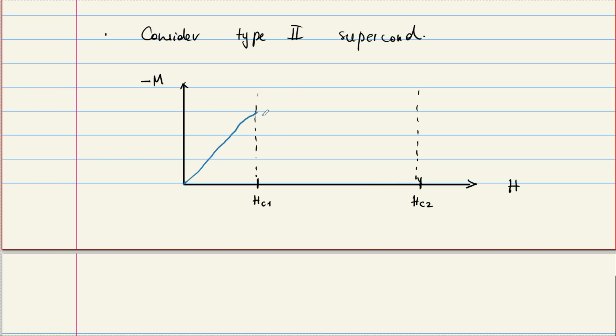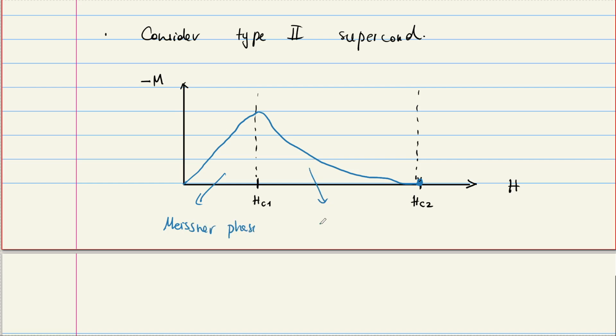But after that, magnetic field expulsion is a little bit more inefficient, and magnetic field leaks inside the superconductor, and at HC2 there's so much magnetic field that you destroy the superconductivity. So that's the picture. This is what we called the Meissner phase.